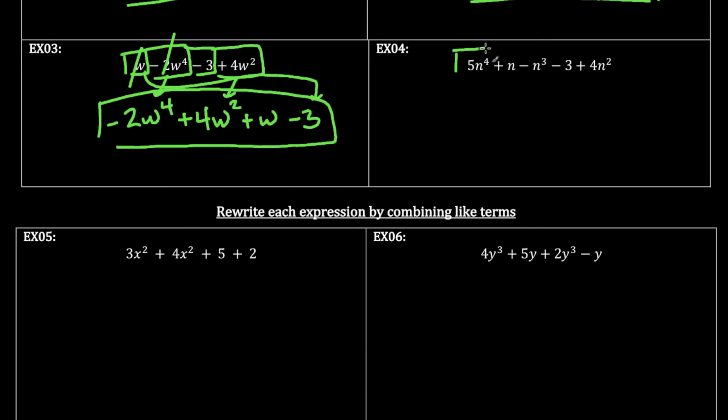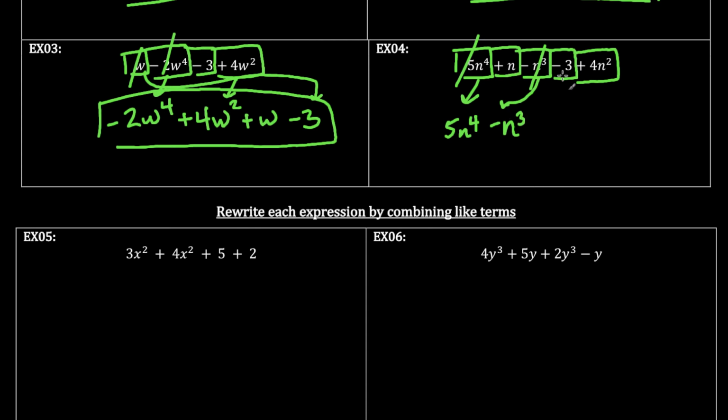Let's do one more. 5n to the fourth plus n minus n to the third power minus 3 plus 4n to the second power. So n to the fourth, n to the third, n to the second. So this n to the fourth should come down first. N to the third, no n's, n to the second. So minus n to the third.